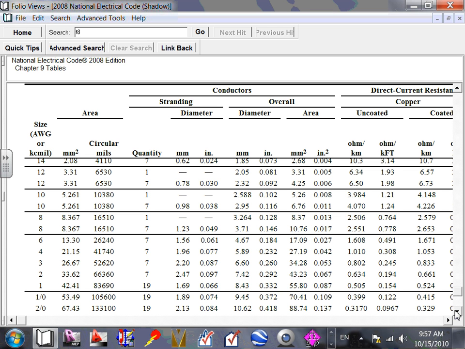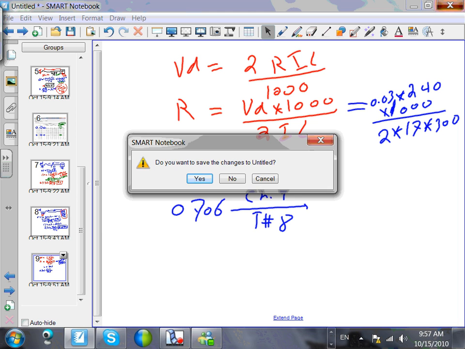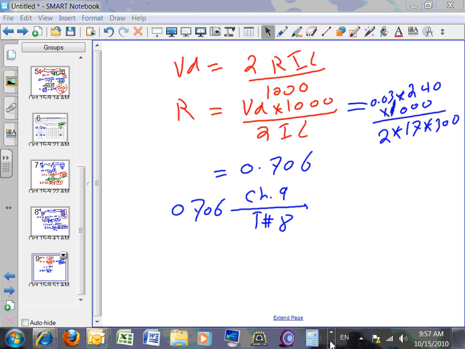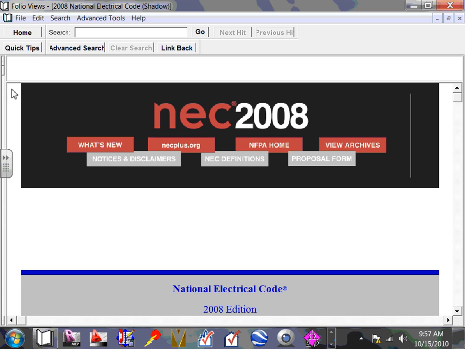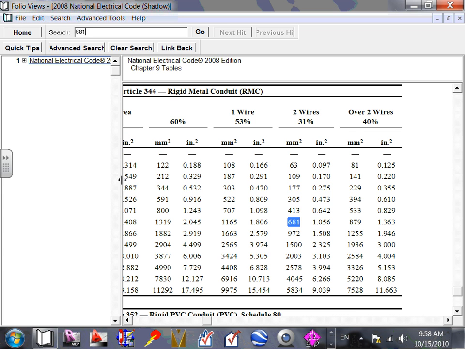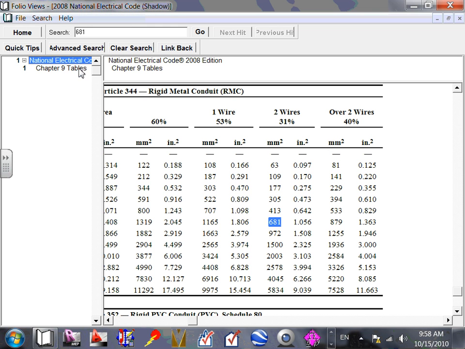So I need a conductor that can have an impedance this value or lower. Page 681. Chapter 9 table.